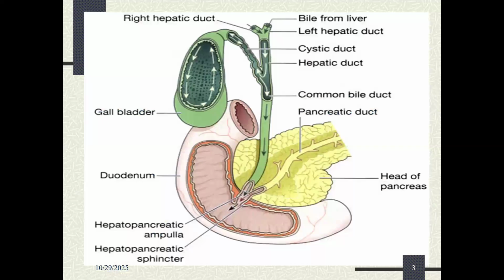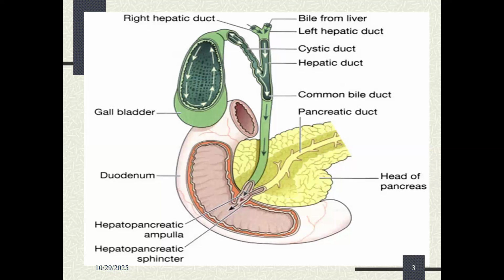So let us look at the movement of bile. From the diagram, we can tell that bile is produced, or secreted, from the liver, and it will travel using the right hepatic duct or the left hepatic duct, and go through the duct we are calling the hepatic duct.